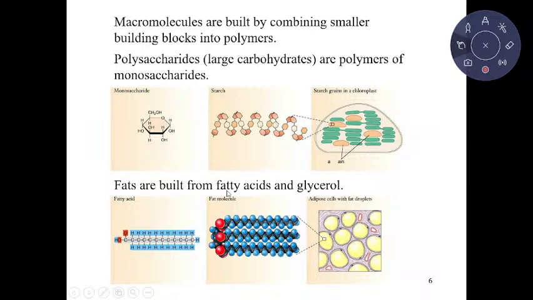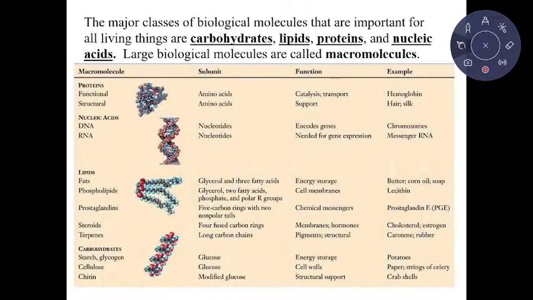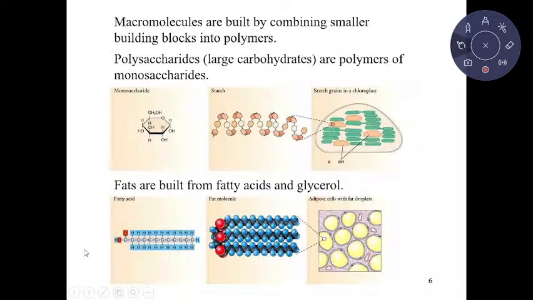Fats are built from fatty acids and glycerol. We have discussed before that the fat subunits are fatty acids and glycerol: three fatty acids and glycerol. That is what they explained here.